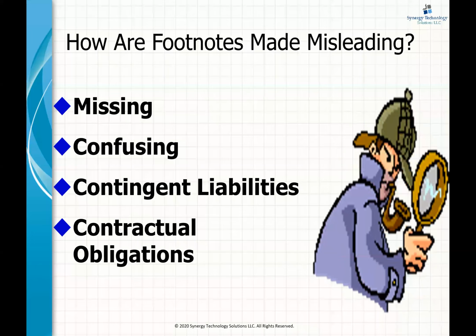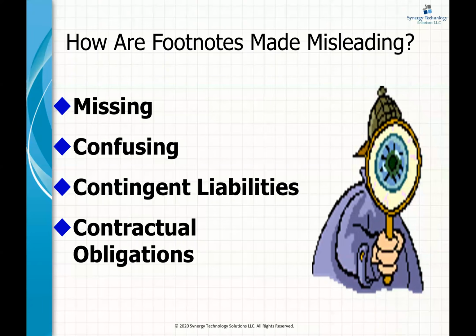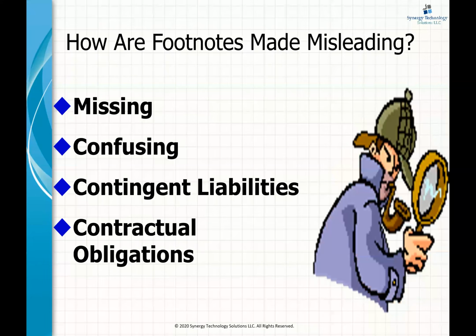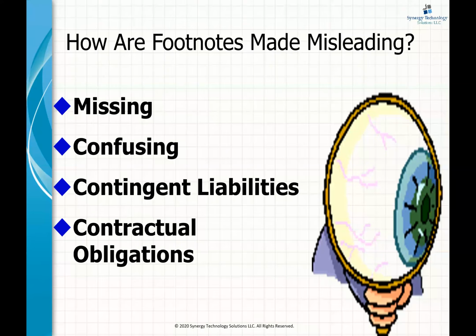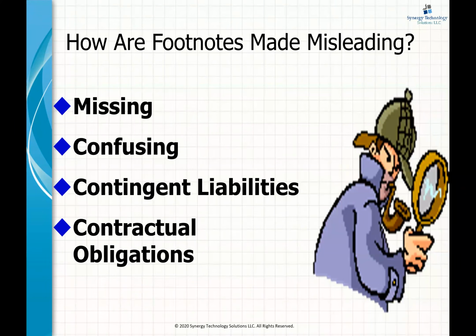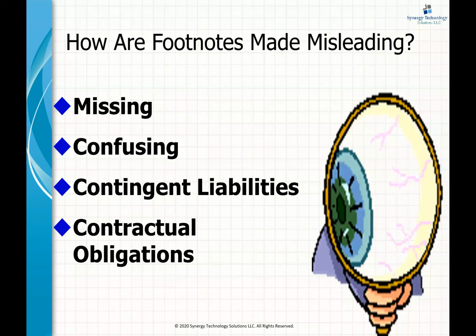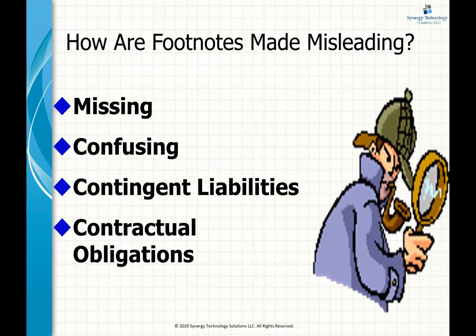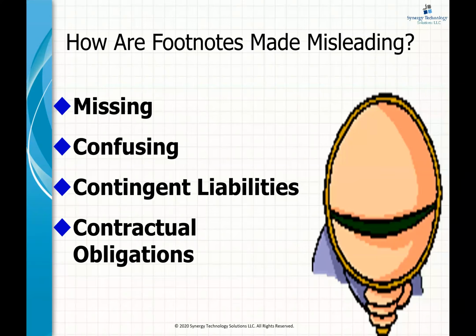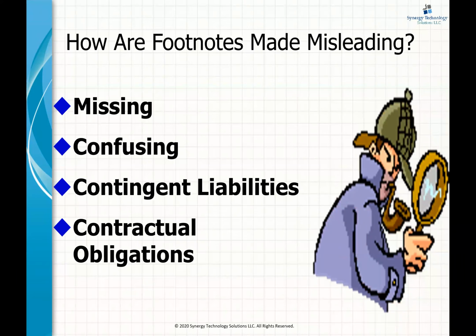It is not in the financial, but a reader should know what can come to hit the company. Contractual obligations: you have contractual obligations or side letters that you are not mentioning in the disclosure. So the company doesn't know, the investor doesn't know that there are other obligations created by side letters that are not in the financial statement.